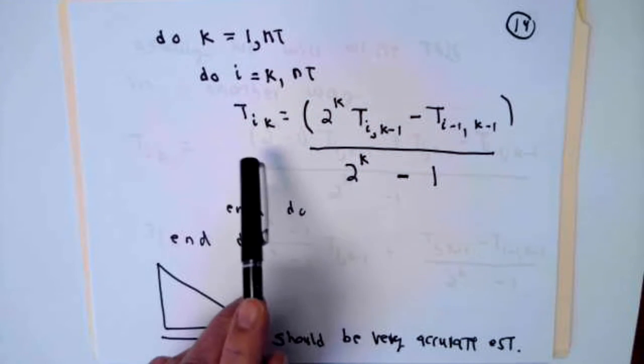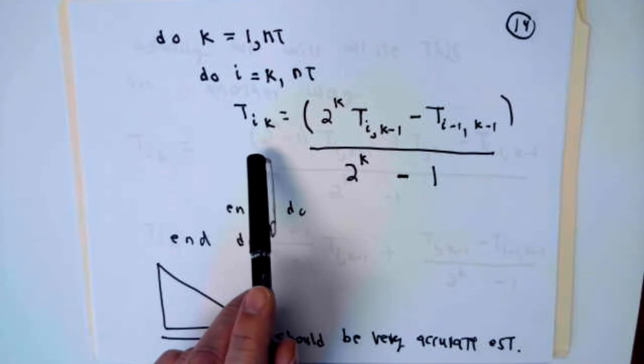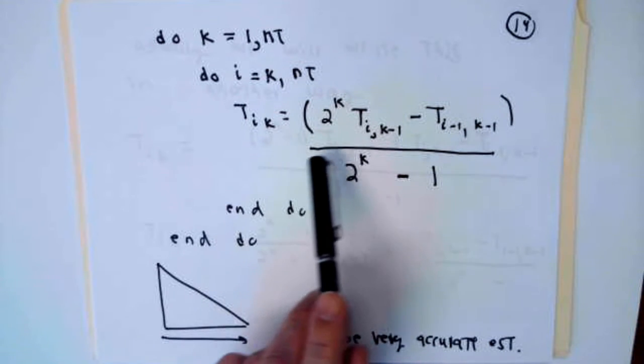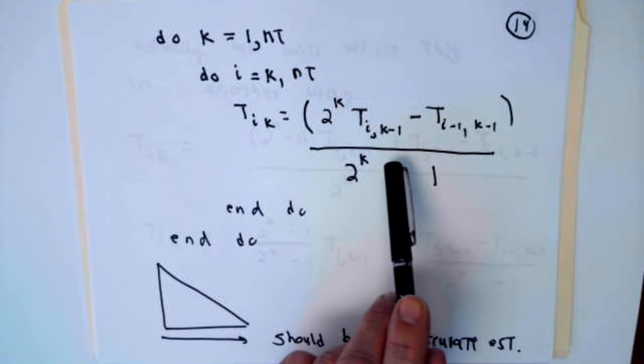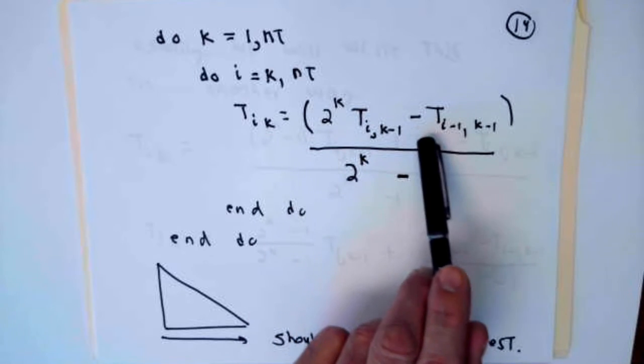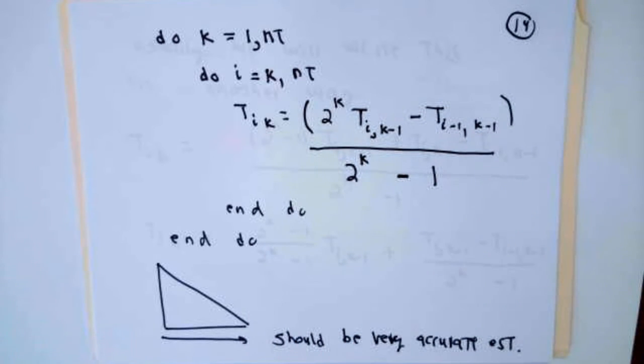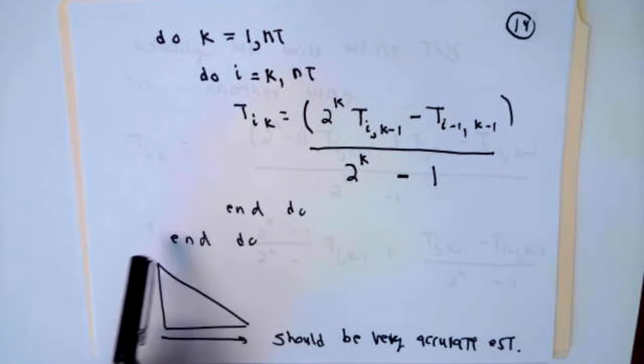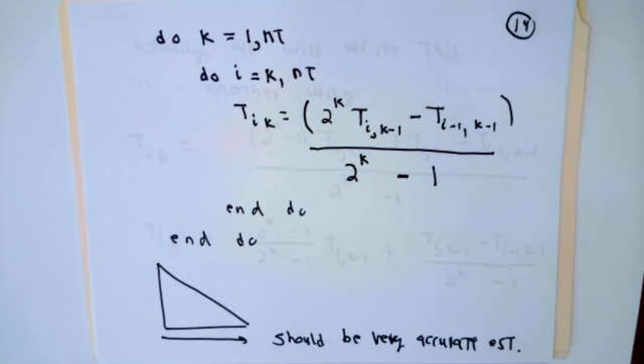We will have the entry in our table, row i, column k, is 2 to the k power times the number immediately to the left, subtract away the number above the number immediately to the left, and divide by 2 raised to the k power minus 1. Finish the loop, finish the loop.